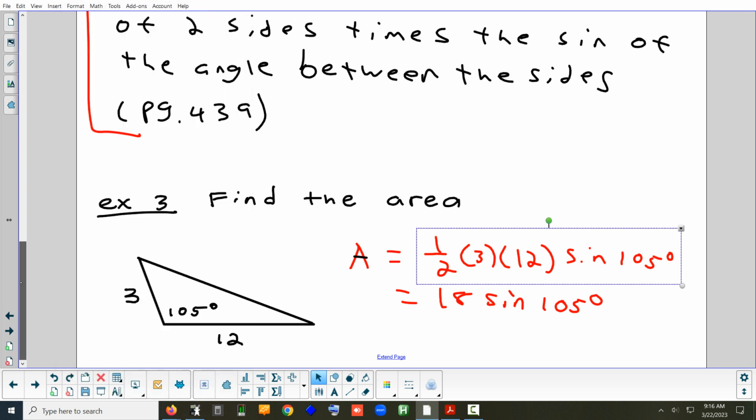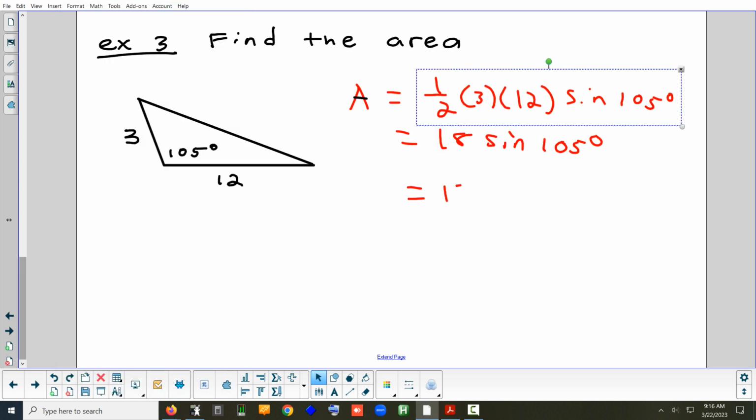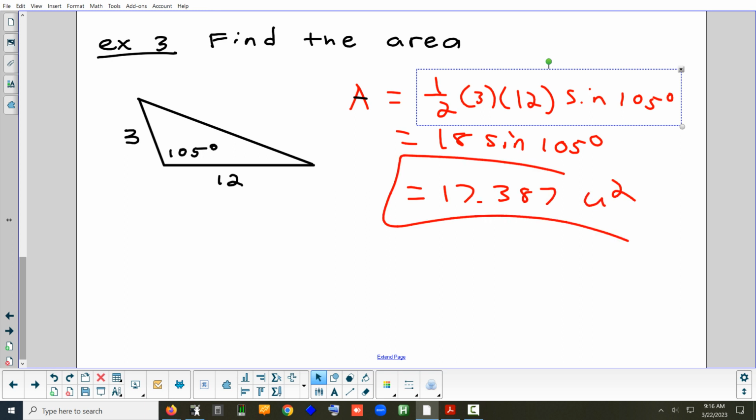We don't know the unit, so we'll just call the unit U. So it's 17.387 square units. Now, somebody looking at that knows that it is an area. So if it doesn't give you any sort of unit, you just always put U. Generally, yes.